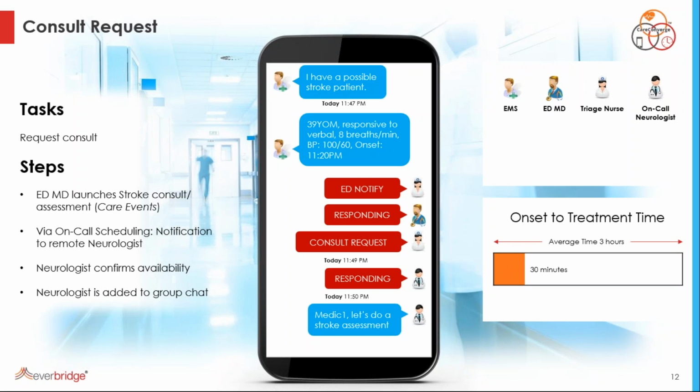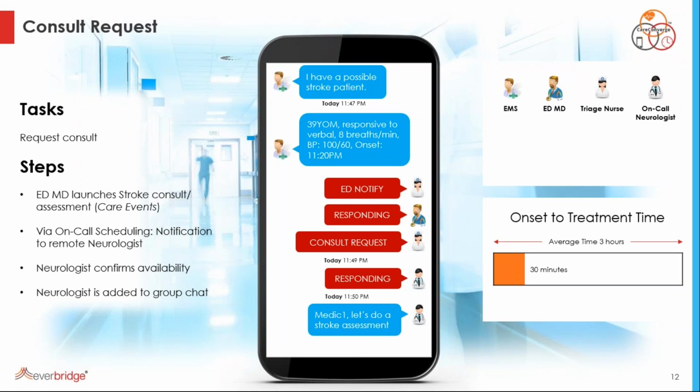So in the background across the platform, the solution's looking at schedules and escalation paths, so all that's automated. All the ED physician and the nurse have to do is say, I want the consult, and then all the automation happens to make sure that we get that neurologist online in a timely fashion to really be able to help manage that patient.